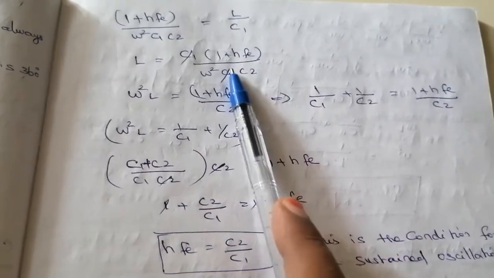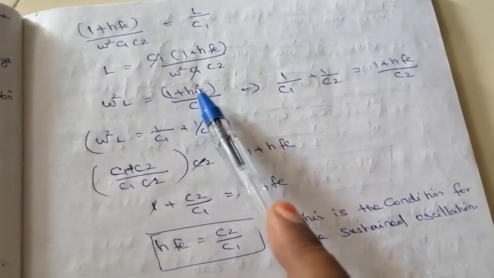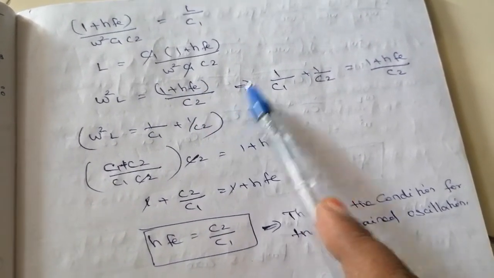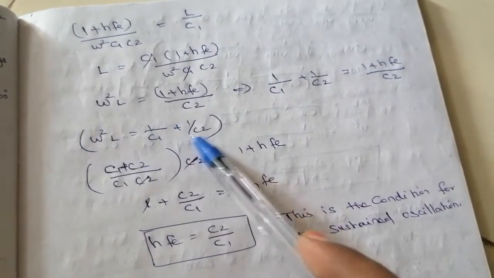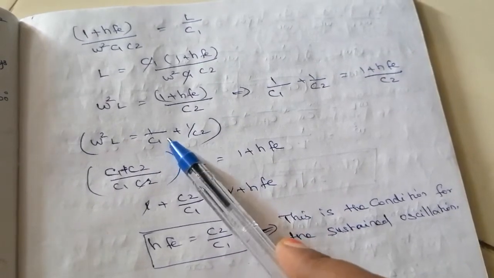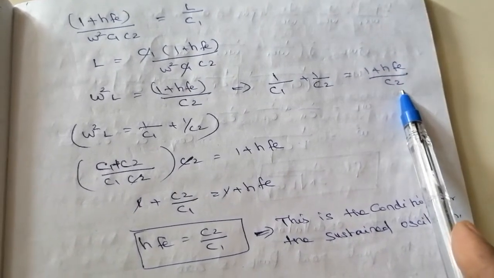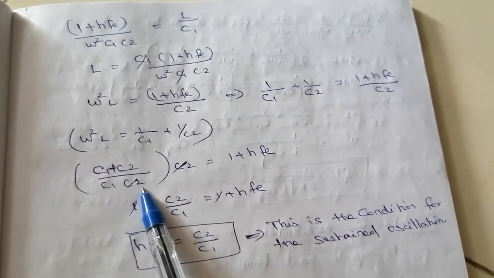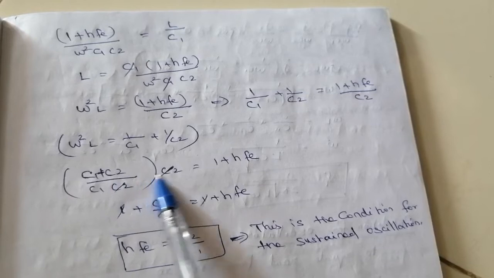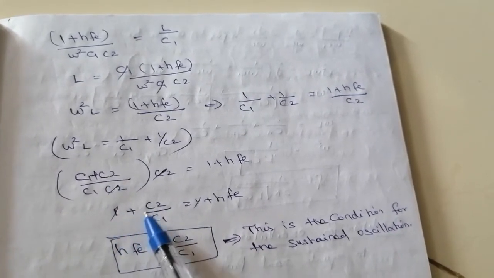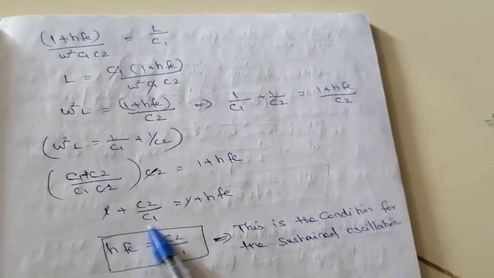Cross multiply: omega squared L equals (1 plus HFE) by C2. We already know omega squared L is 1 by C1 plus 1 by C2, derived from the frequency of oscillation. Substituting, we take the LCM, and C2 cancels. So (C1 plus C2) by C1, that is 1 plus C2 by C1, equals 1 plus HFE.